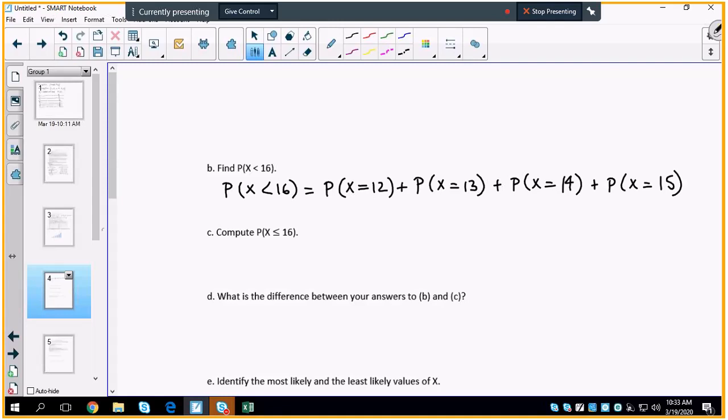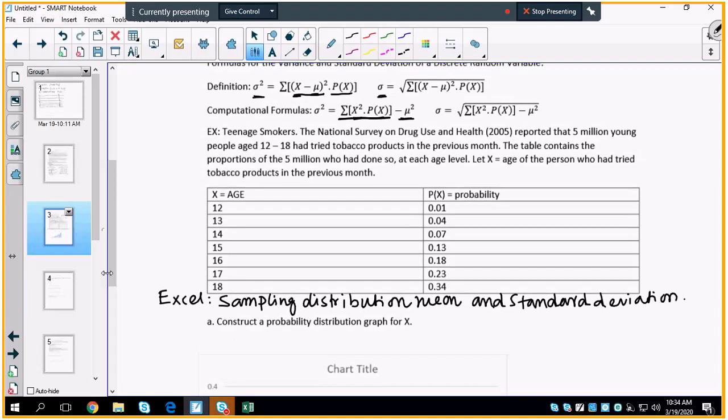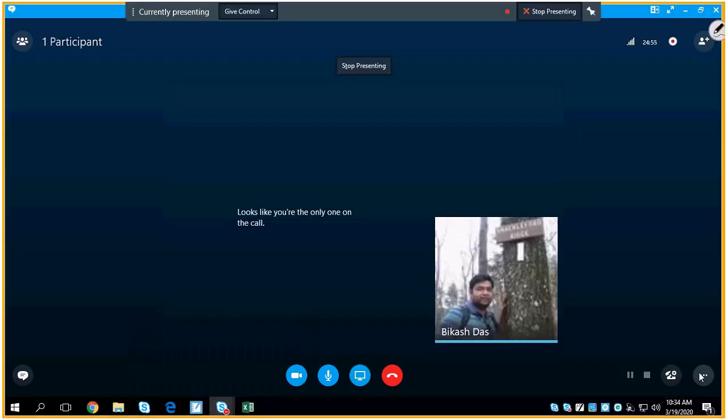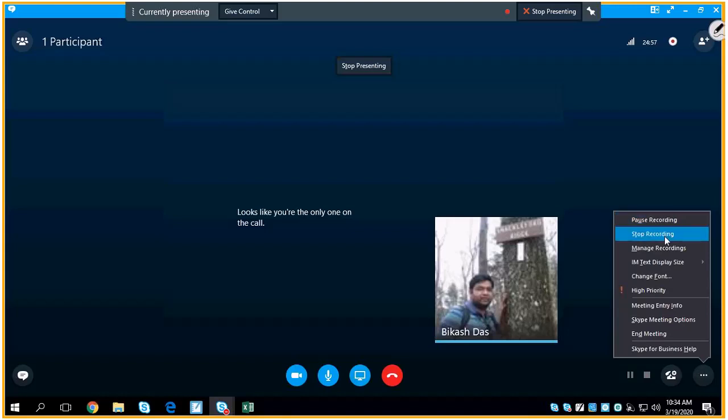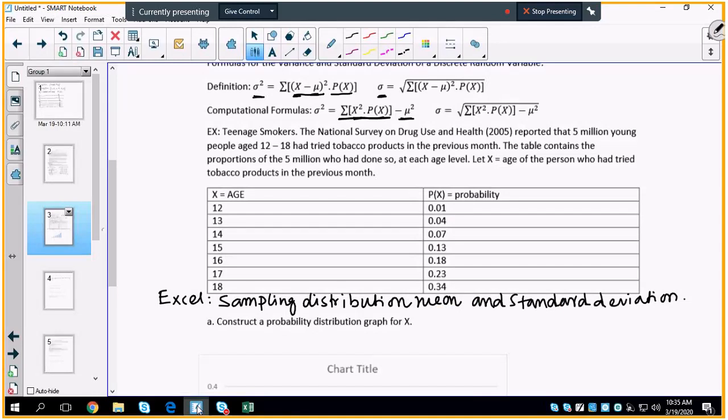Now for each of them, you have probability values given to you, and the probabilities are 0.01, 0.04, 0.07, and 0.13. So we are going to write these probability values, and that will help us add them, and then we can get the required probability.